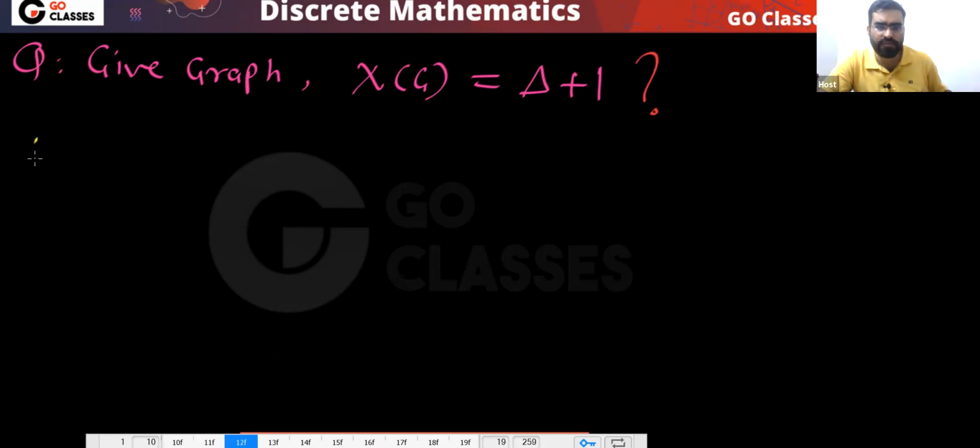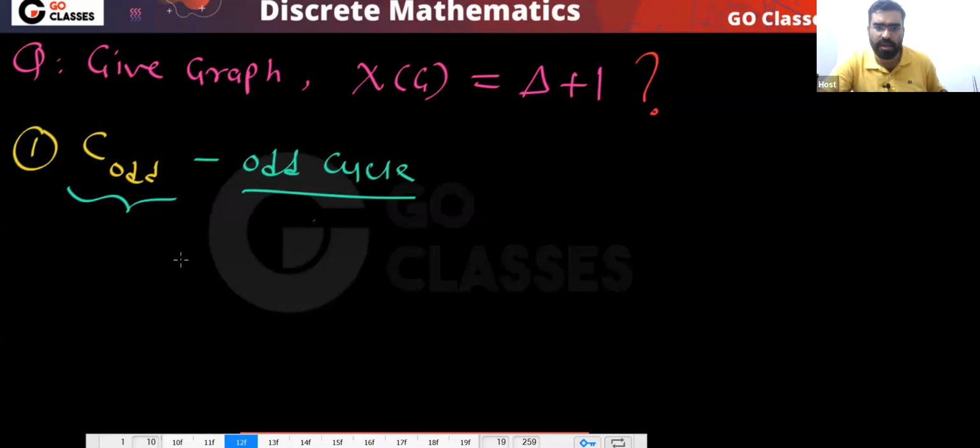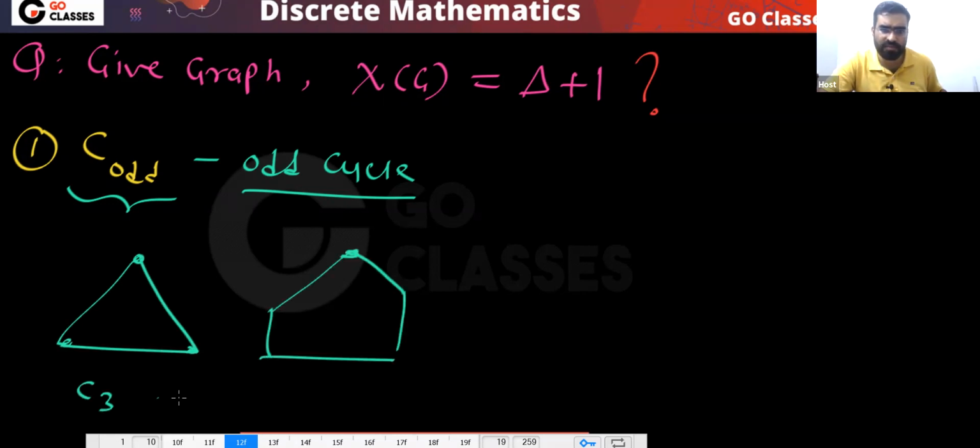Yes, the first graph that you can give me is the odd cycle, right? Like C3, C5.